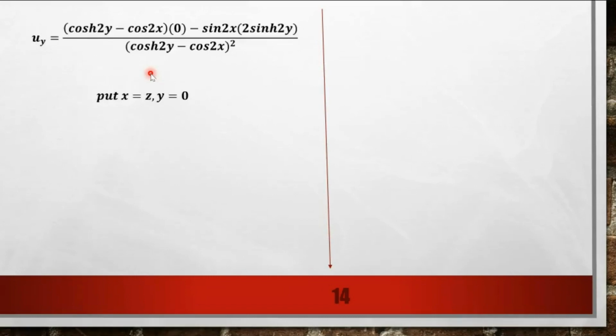First term is already 0 because it's multiplied by 0. Second term में sin 2x, तो x के बदले z put करना है, तो sin 2z into 2 sinh 0. And sinh 0 is 0. So the numerator is 0, so I will get uy is equal to 0.